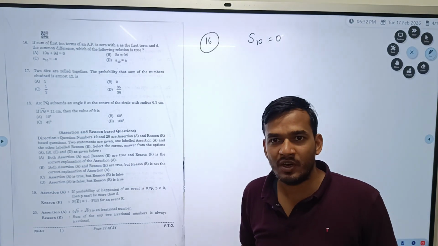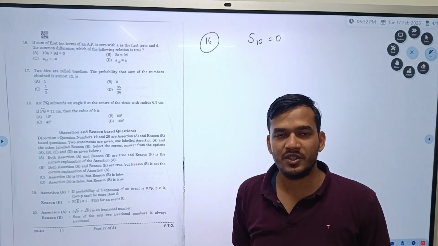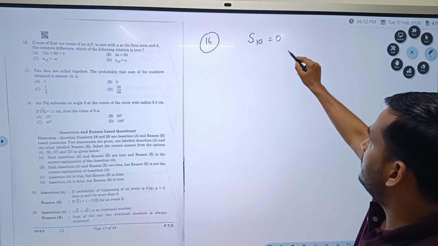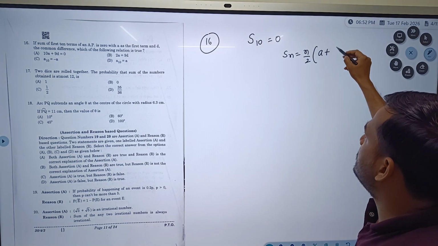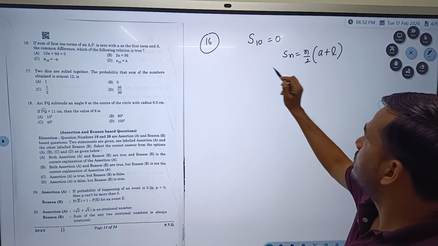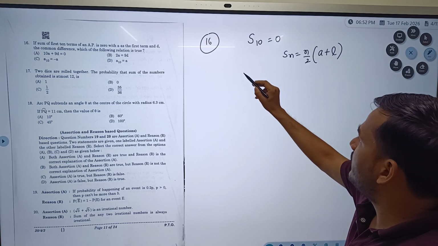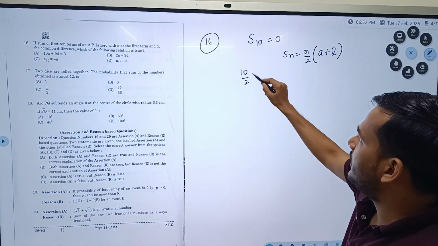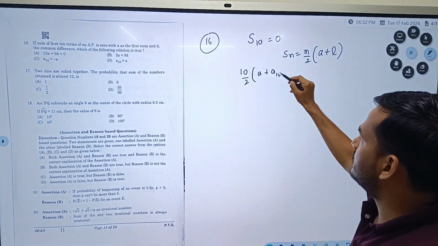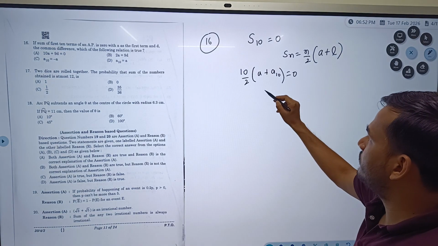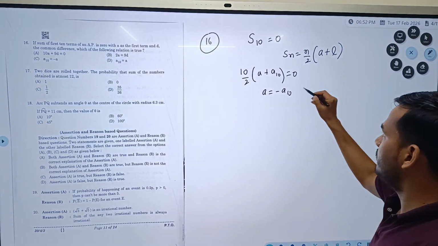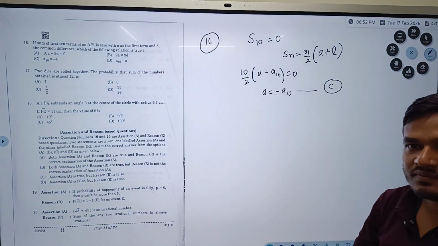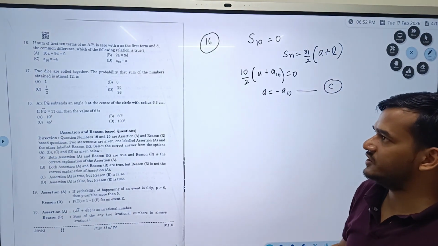So we'll apply the formula for the sum of n terms of the AP, that is Sn equal to n by 2 into A plus last term. So when we put n equal to 10, this will be 10 by 2 into A plus A10 is equal to 0. So from this we'll get A is equal to minus A10. That is option C. Question number 16, option C.